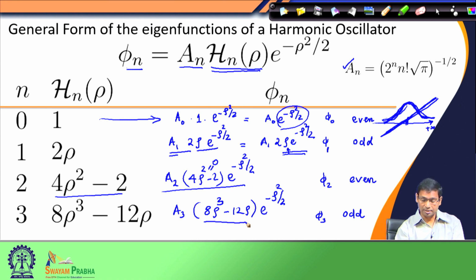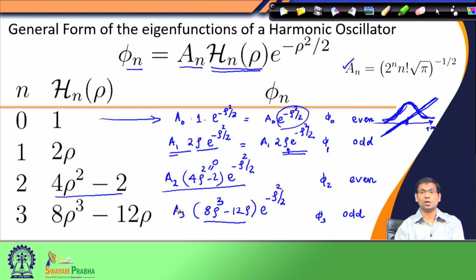Similarly, in this expression also you can find out the values of rho where this polynomial will become 0, and when this polynomial becomes 0, the entire wave function becomes 0, and the wave function will develop a node at that point.